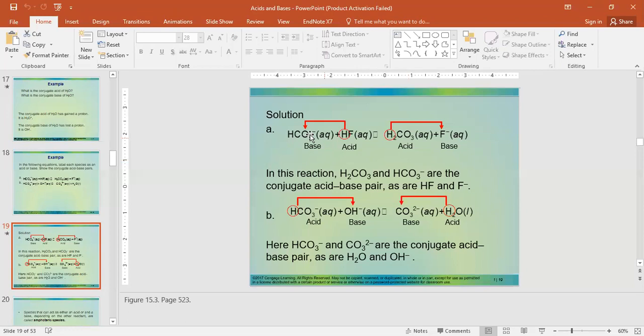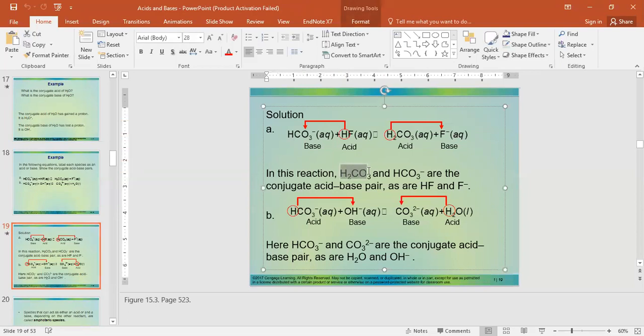And we are saying that hydrogen carbonate and carbonic acid are conjugate acid-base pairs in the sense that they differ by one proton. That's why we are saying that carbonic acid and hydrogen carbonate are conjugate pairs, and also hydrofluoric acid and the fluoride ion are conjugate acid-base pairs.